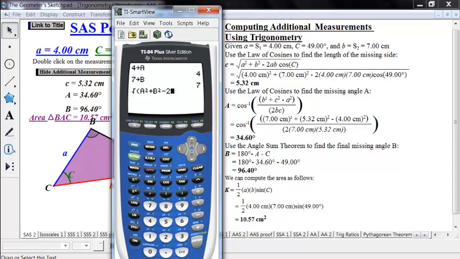Minus 2 times A times B times the cosine of, and I don't have this in store, so I'm going to say 49. Normally I put the degree symbol, but this is in degree mode, so I can leave that off. And close parentheses. Notice I need parentheses around the input for the cosine, and then parentheses around the whole thing that I'm taking the square root of. And this will give me C.